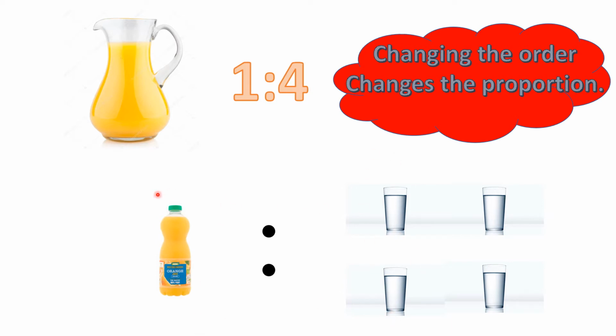And instead of using 1 part of orange juice, you use 4 parts of orange juice. And instead of using 4 parts of water, you only use 1 part of water. That would be an absolute disaster, and the answer would obviously be incorrect. So make sure you get the order the right way round. Okay, let's have a look at the next slide.